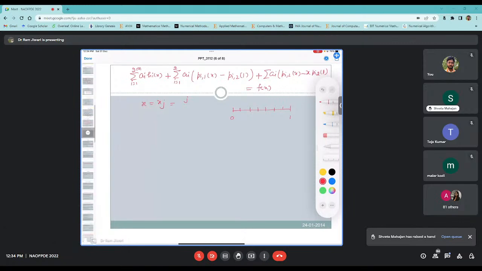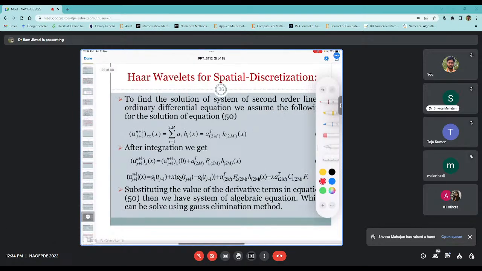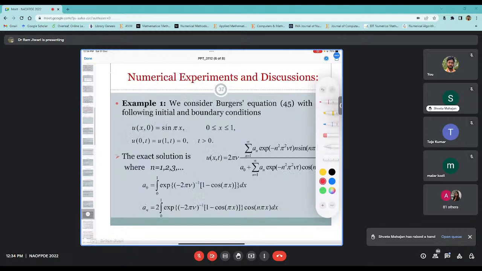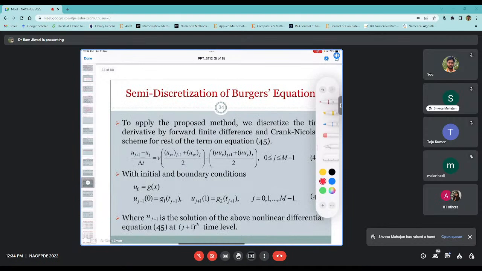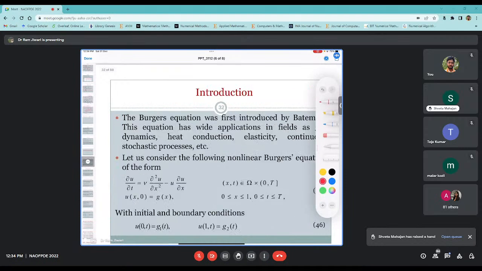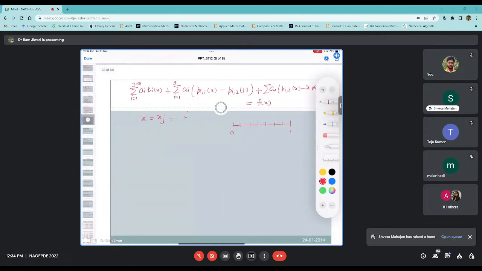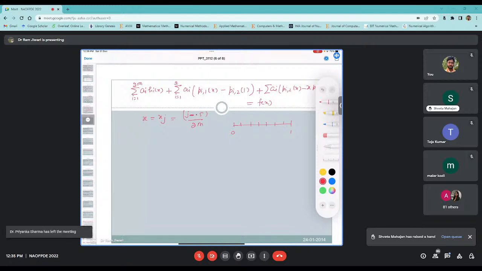What do people use in Haar wavelets? Uniform points, but what is its value exactly? So I think 0.5 divided by 2m, like this. Not confirmed, I will confirm later. But this is the xj, j running from 1 to 2m. Okay, so I think this is fine. So these are our points.